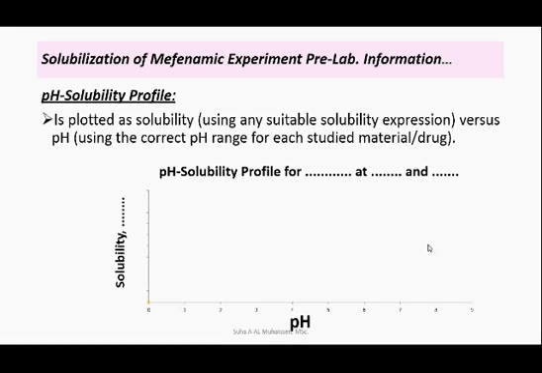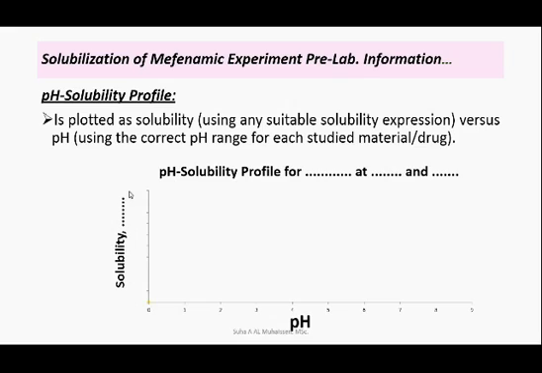This effect is studied as a pH solubility profile. A pH solubility profile is plotted or constructed as solubility, using any suitable solubility expression, versus pH, using the correct pH range for each studied material or drug.